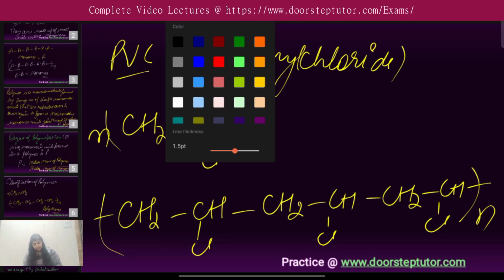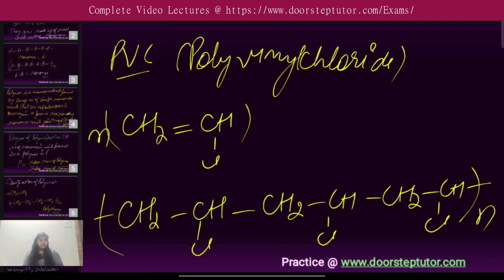Here you can see that we are getting chiral centers, or we can call them asymmetric centers. These are the asymmetric centers that are being formed. Based upon the chirality present at these asymmetric centers, these polymers can be classified.